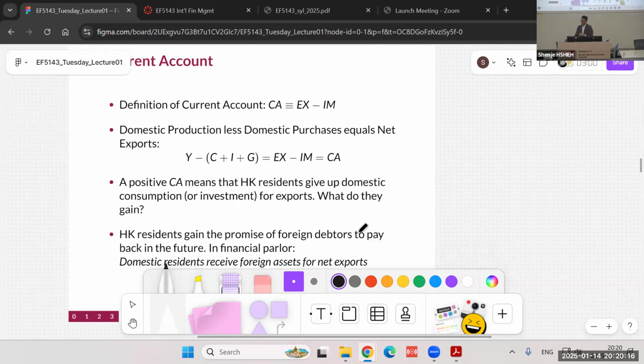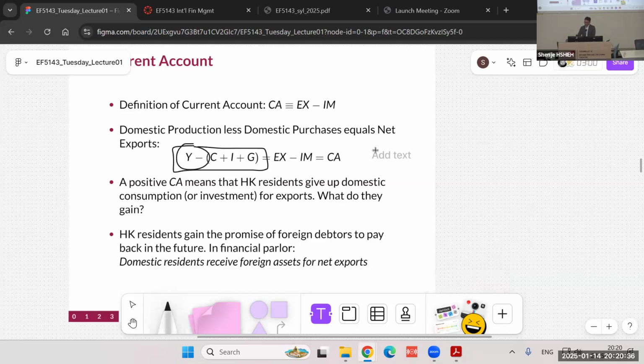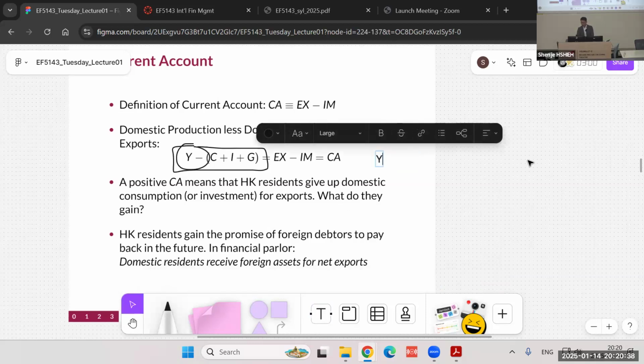All right, so the first way, we simply define the current account as net exports, or exports minus imports. You can easily see this from this equation here, right? Total income is represented by Y, and we know Y is defined as C plus I plus G plus EX minus IM.